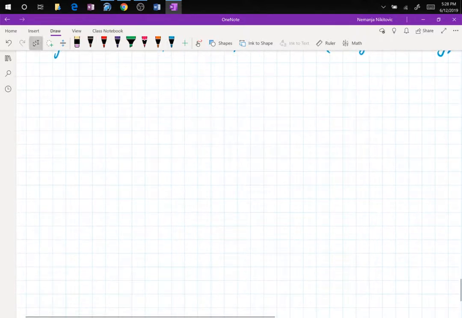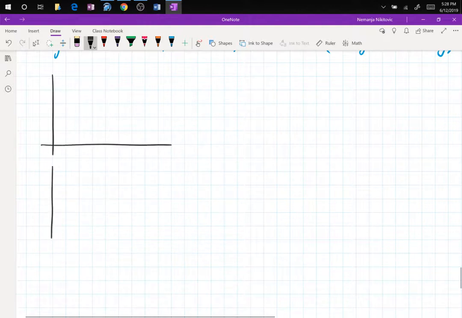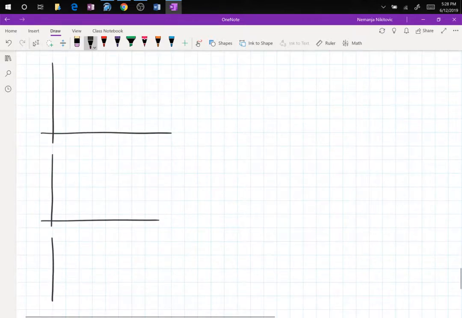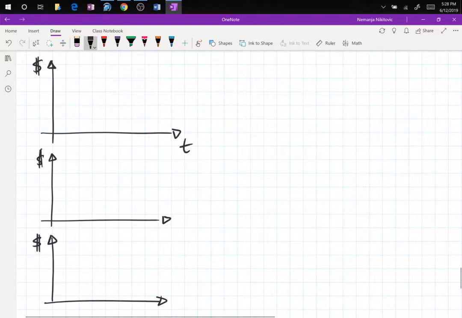What I'm going to do is propose 3 investment portfolios. All of these graphs are money versus time. Time can be months, years, whatever. They all start with the same investment of, let's say, 10K.